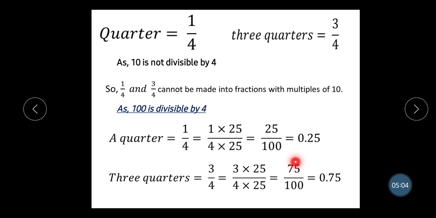We have written the major number, that is 75. In 100 there are 2 zeros, so from behind 2 decimal points we will put. So a quarter, that is 1/4, in decimal form is written as 0.25, and 3 quarters, 3/4, in decimal form is written as 0.75. Children, you are supposed to remember this lifelong.